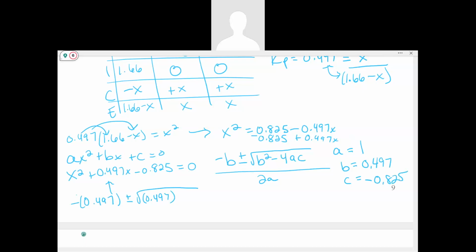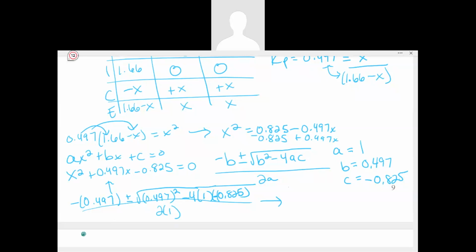So let's go back here. We have b squared minus 4 times 1 times negative 0.825, our c, and then this is all going to be over 2a, so 2 times 1.